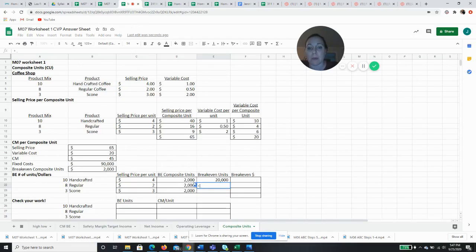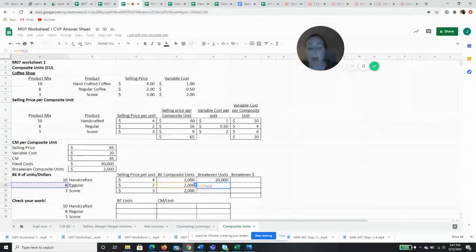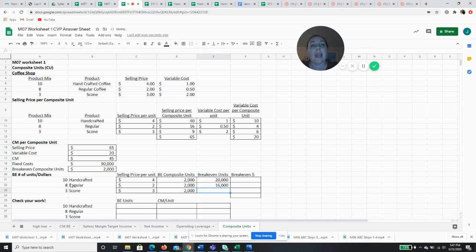I multiply my break even in composite units times the number of regular coffees in one composite unit, 8. And that means I have to sell 16,000 regular coffees to break even. I'm going to multiply my break-even composite units, which is 2,000, times the number of scones in one composite unit, which is 3, and I have to sell 6,000 scones to break even.